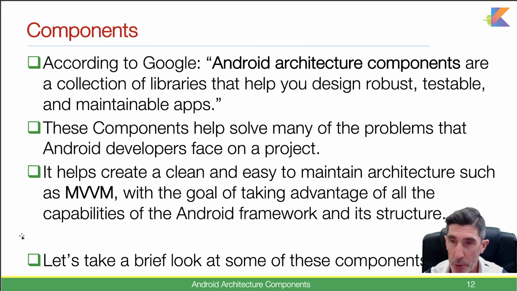These components help solve many of the problems that Android developers face on a project. So again, simple ones like screen rotations, sharing your data, your memory leaks, trying to cut down on crashes. It helps create a clean and easy to maintain architecture such as MVVM, with the goal of taking advantage of all the capabilities of the Android framework and its structure.